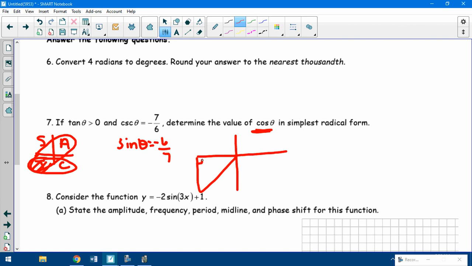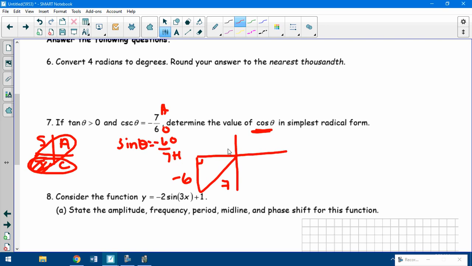Whether you use cosecant or sine, cosecant's hypotenuse over opposite, sine is opposite over hypotenuse. Either way, the opposite side has to be negative 6, and the hypotenuse has to be 7, because the hypotenuse is always positive. How do you get this side?